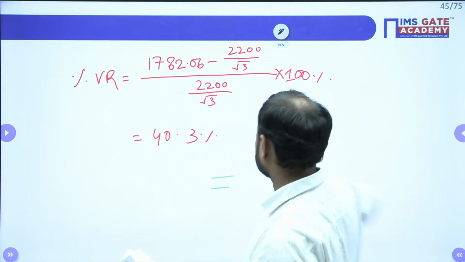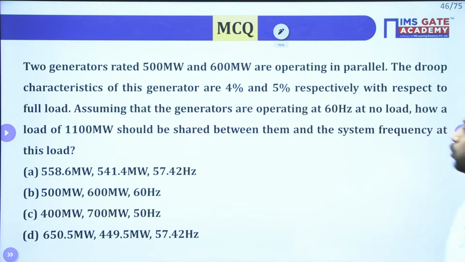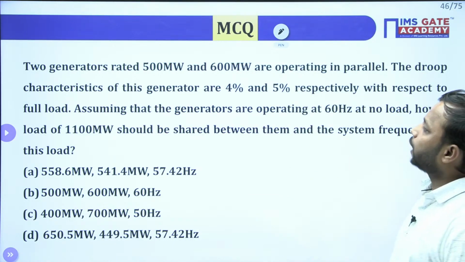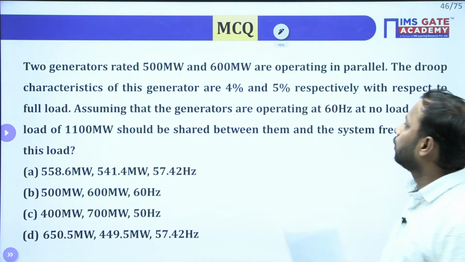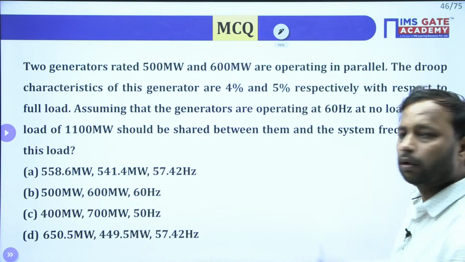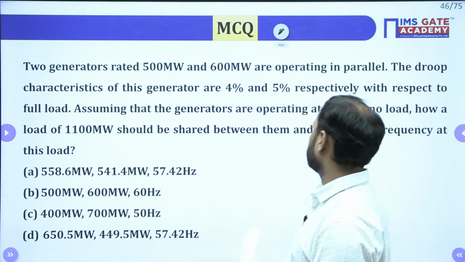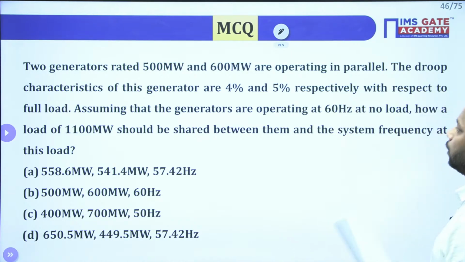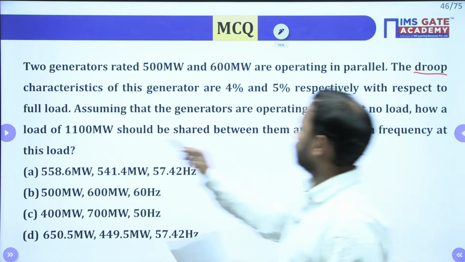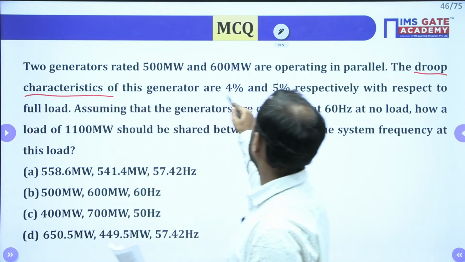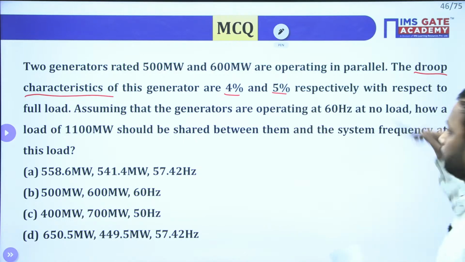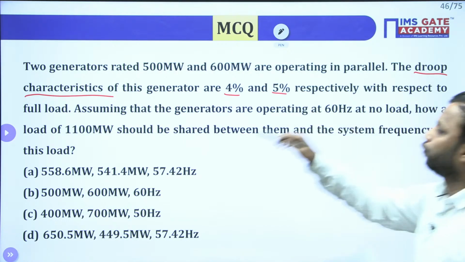Okay. This is the next question. Two generators rated 500 megawatt and 600 megawatt are operating in parallel. The droop characteristics of the generators are 4% and 5% respectively with respect to full load.